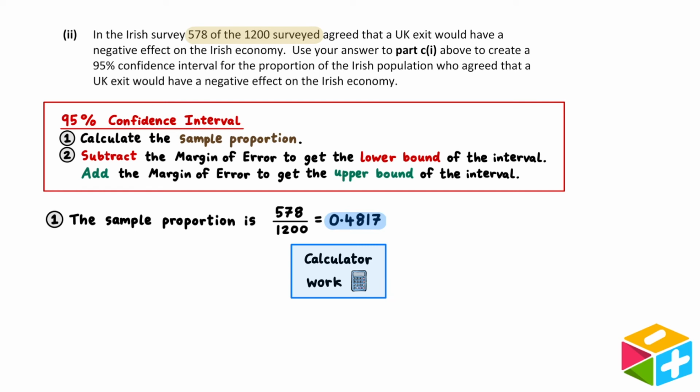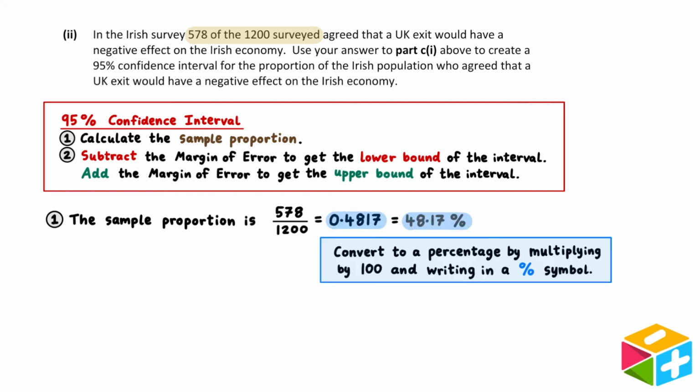If we type this into our calculator, we get 0.4817. The margin of error we found was in percentage form, so it will be useful to write this as a percentage also. To do this, we multiply by 100 and write in a percentage symbol. This gives us 48.17%.